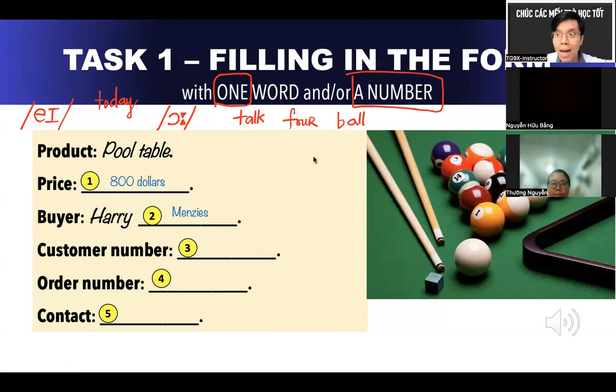Number three. 45993. 45993. That's it. Easy, right? But number four is a little challenging. Can you give this? G. Okay. Of course, if you get that wrong, you can listen again at home.